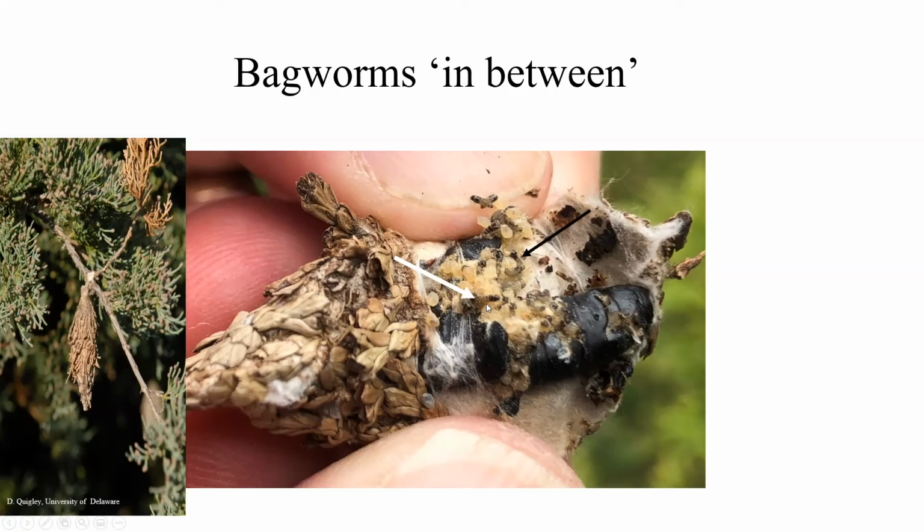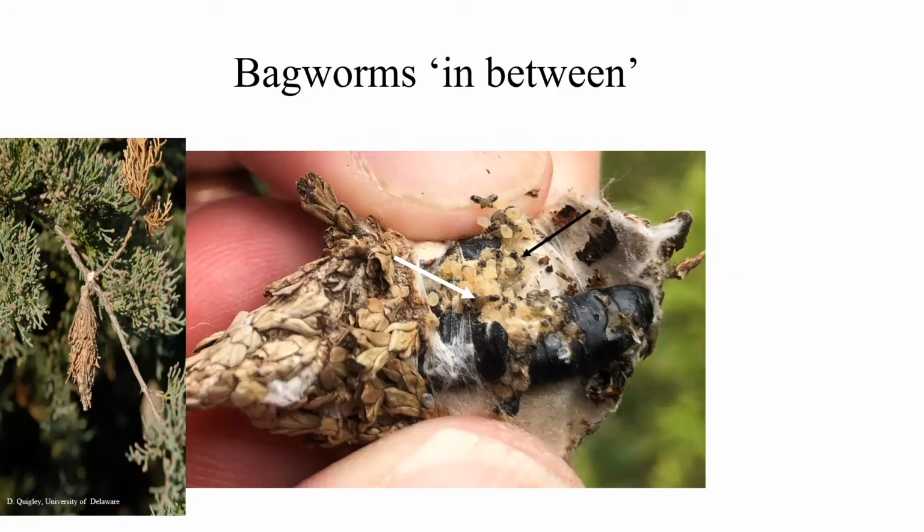You can see where these arrows are pointing, those are what we call neonate caterpillars, or first instar caterpillars. They hatch inside the bags, and then they crawl to the bottom and throw out silk and blow on the wind to nearby plants.